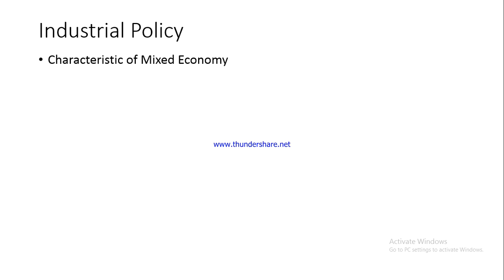In other words, they would be mostly seen in mixed economies like India, and India has an industrial policy. We have had different industrial policies in different years after our independence. We have understood now that industrial policy would be seen in an economic system which has both elements of capitalist as well as command and control economy.